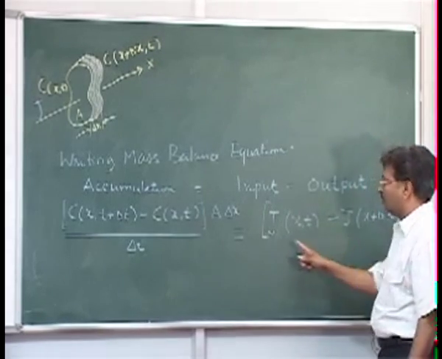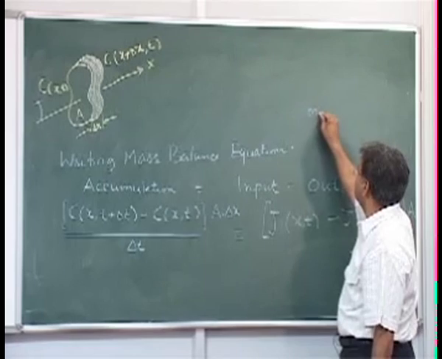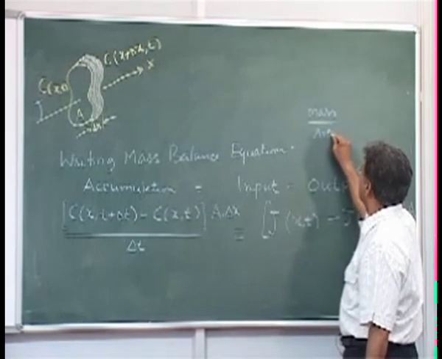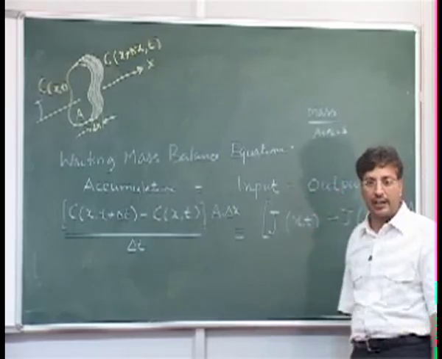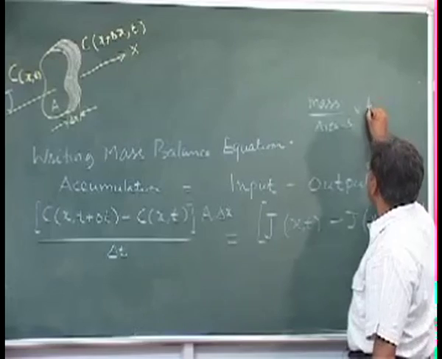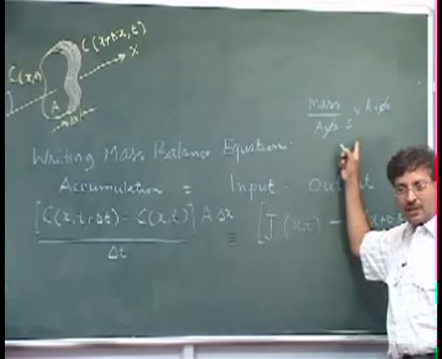What are the units of J? Mass per area per second. So if I multiply by this area, I am getting mass per second.